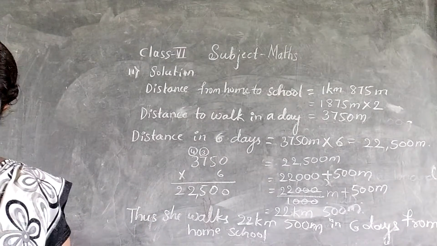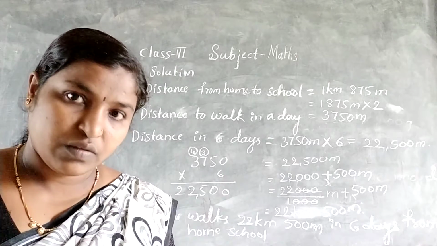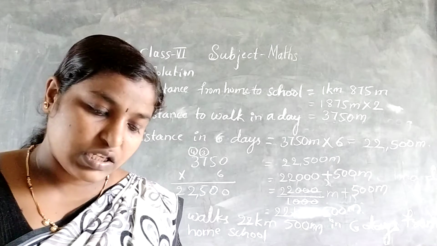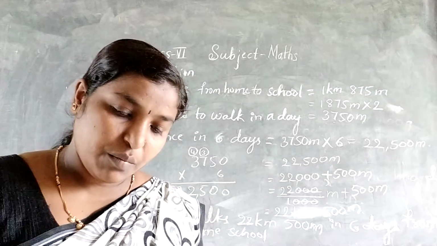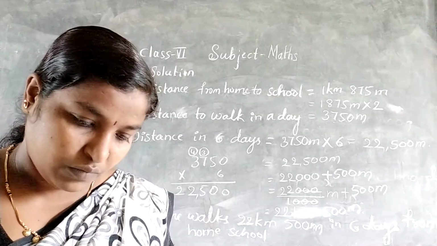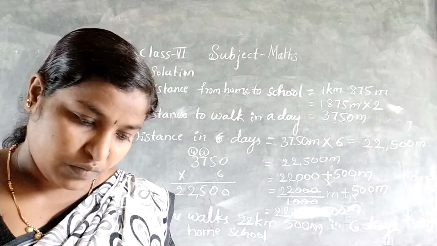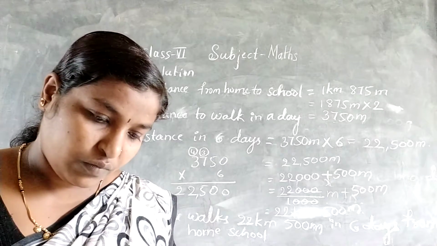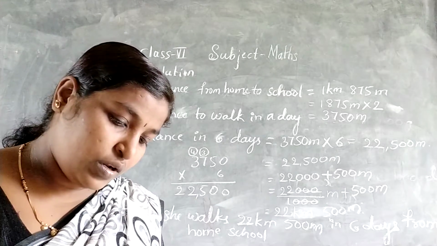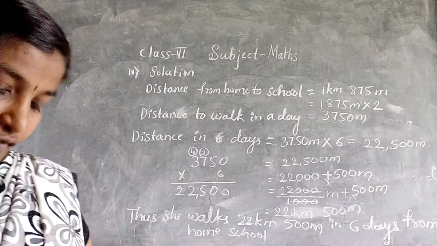Just we will check the answer behind. This is exercise 1.2. We have answers behind in the page, 1.2, question number 11. 22 kilometers and 500 meter.